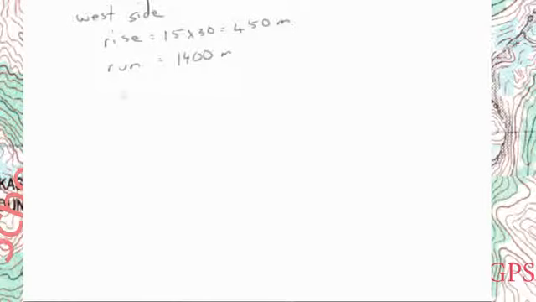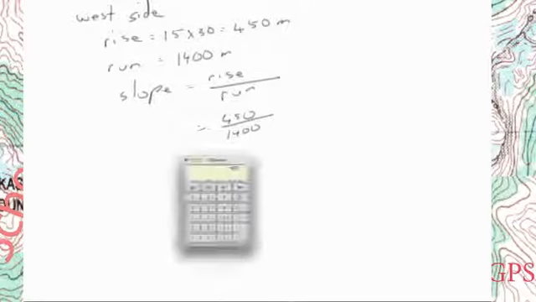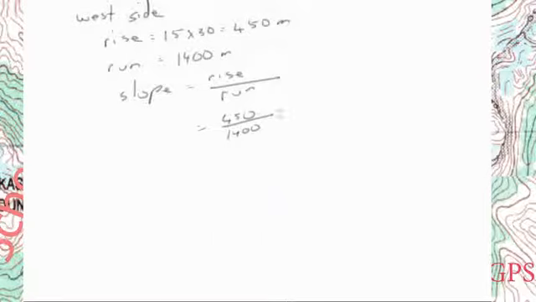So therefore the slope is equal to the rise over the run, which is equal to 450 meters divided by 1,400 meters. Let's bring in the calculator for that. 450 divided by 1,400 equals 0.32.